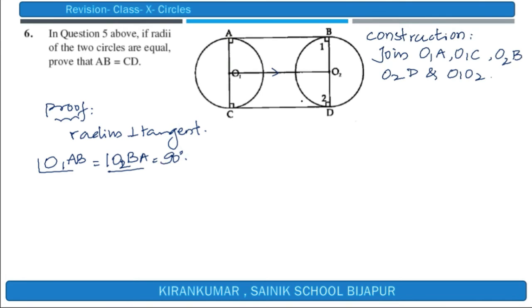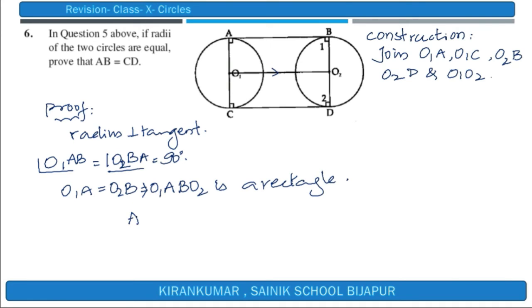If you observe carefully, it forms a rectangle because O1A is equal to O2B. This implies O1ABO2 is a rectangle. Since the opposite sides of the rectangle are equal, I can say that AB will be equal to O1O2.